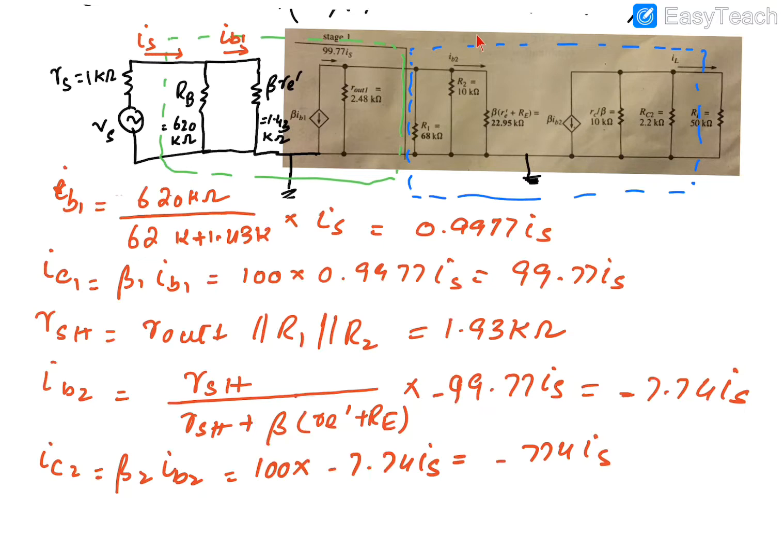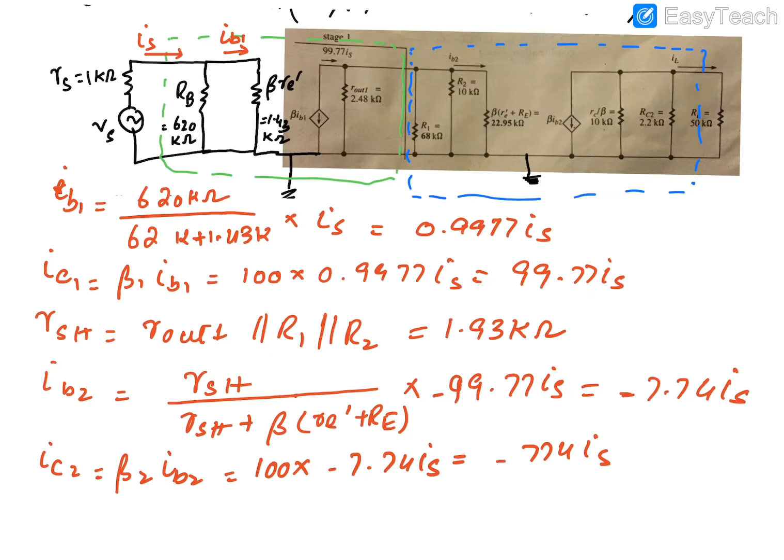Now we will find the value of IB2, which is flowing in the branch of beta RE dash plus RE. To find IB2 we will use the current division rule. This current is being divided in Rshunt and beta RE dash plus RE.